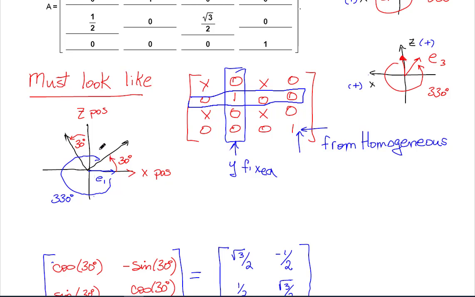And if you trace here for E3, because it's the z-axis, and you trace it around 330 degrees clockwise, it ends up 30 degrees from the positive z-axis.